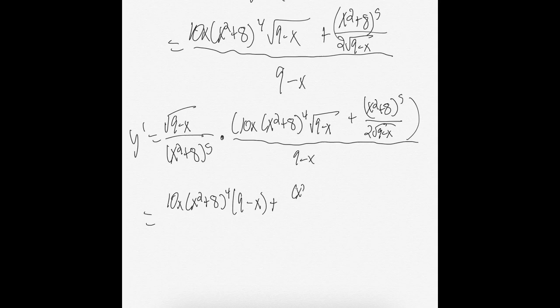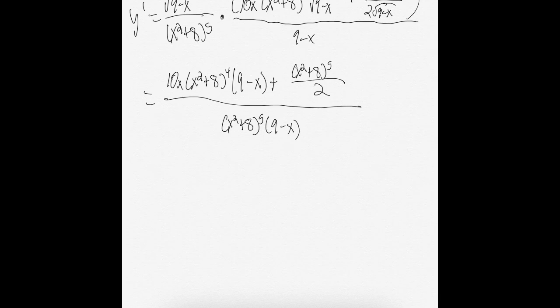Now I'm going to distribute the root 9 minus x to the other part, and the great thing is that I will get rid of the root 9 minus x in the denominator, because they'll cancel, and I'll just have x squared plus 8 to the 5th, all over 2. And in my denominator, I now have x squared plus 8 to the 5th times 9 minus x.